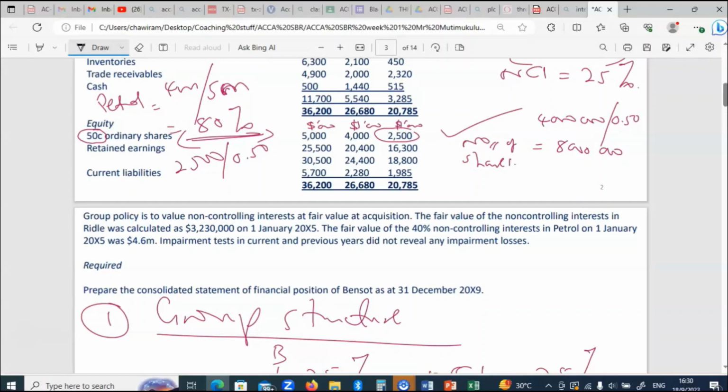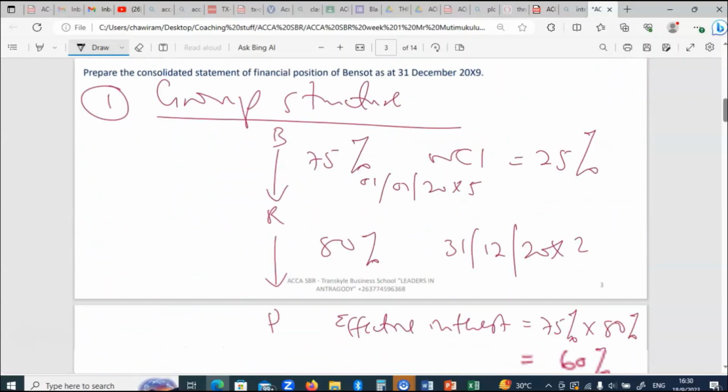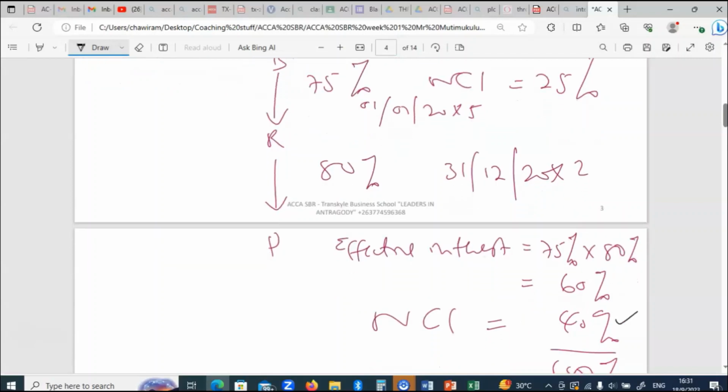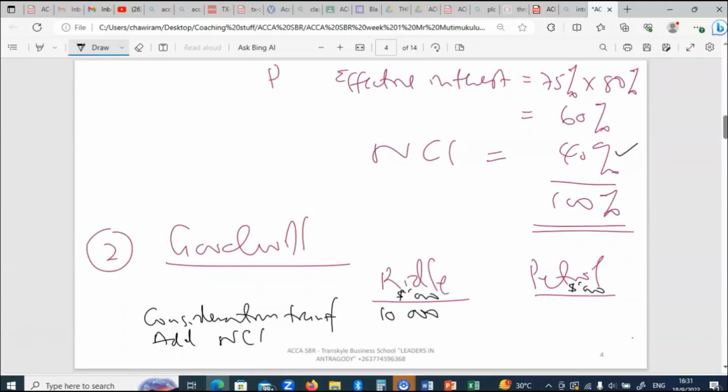The fair value of the 40% non-controlling interest in Petrol on 1 January 2005 was 4.6 million. I have shown you how to calculate this 40%, the one the examiner refers to as the NCI. You might have been confused and asked how the examiner came up with the 40%. That's how you get the 40%, ladies and gentlemen.